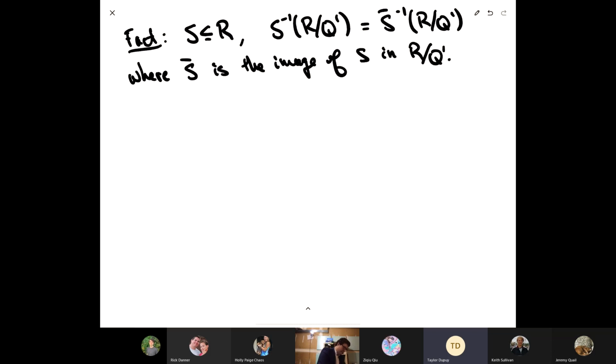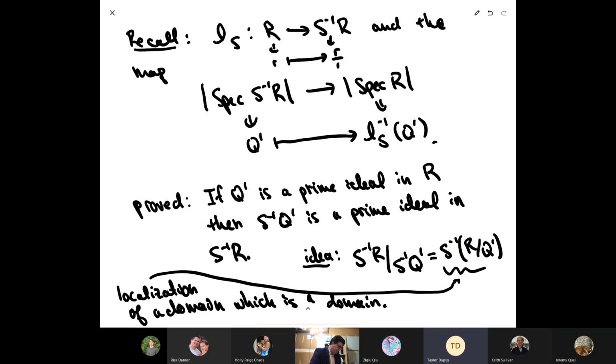So you're not necessarily localizing at elements of R, but by the definition it'll be the same as modding out by the image of S in this quotient.